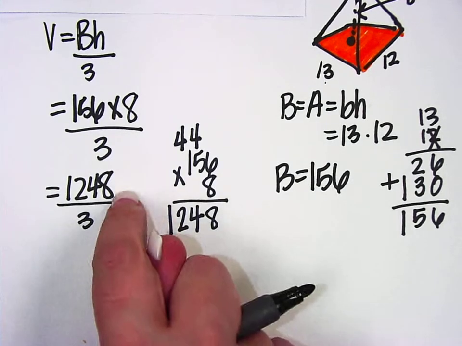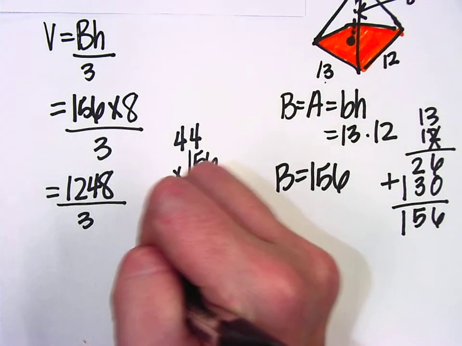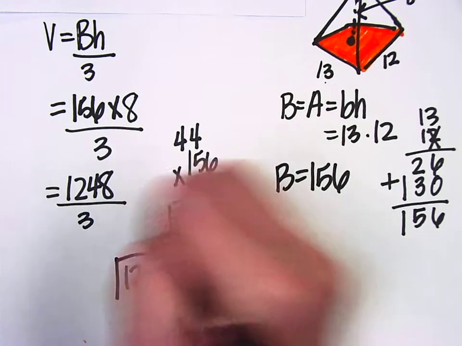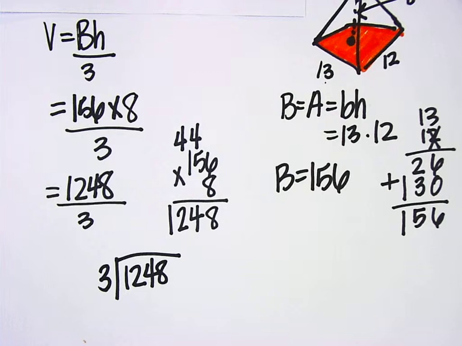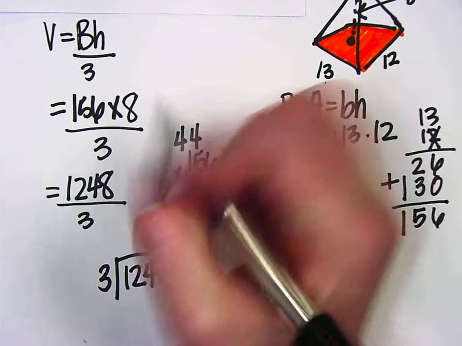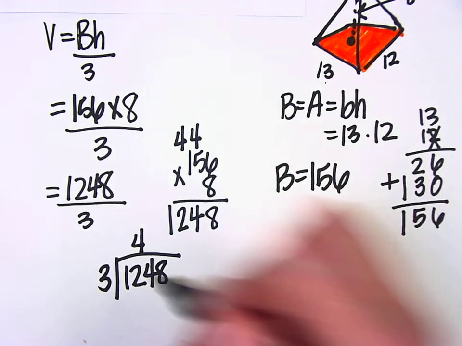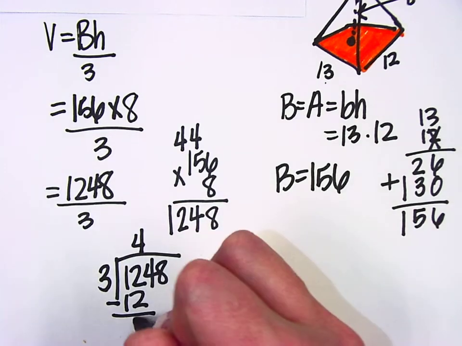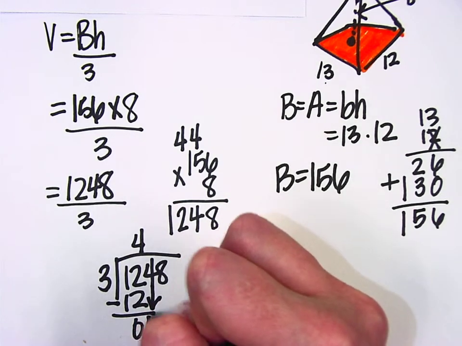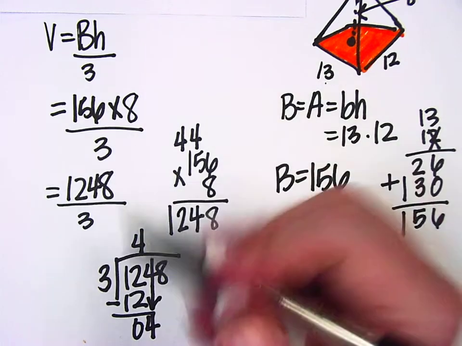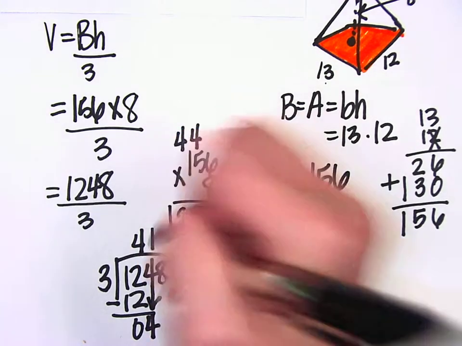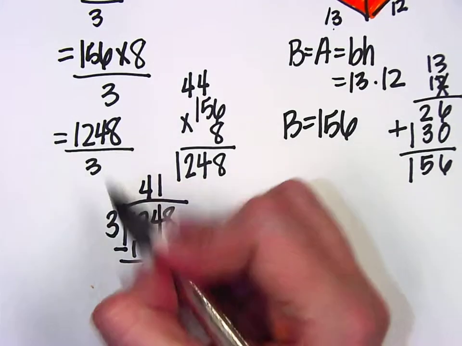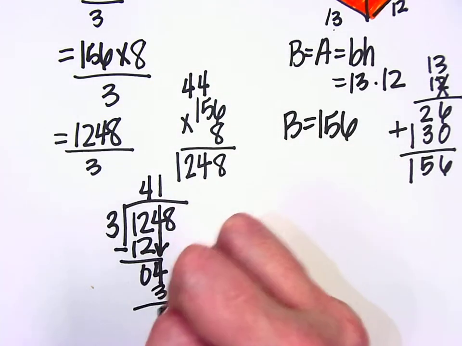I'm going to move this up a little bit. And I have 1248 divided by 3. So I'm going to top in, bottom out. 3 goes into 12 4 times. 4 times 3 is 12. 12 minus 12 is 0. Bring down the 4. 3 goes into 4 once. 3 times 1 is 3.